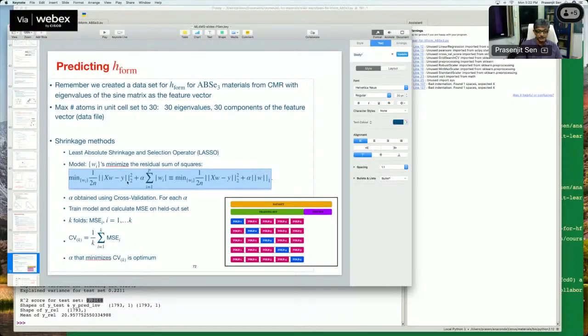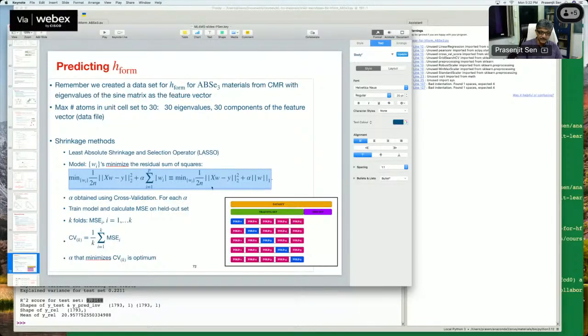So here, how is it different from the standard usual linear regression? In the linear regression, you are just trying to minimize this squared deviation part, this first term here.